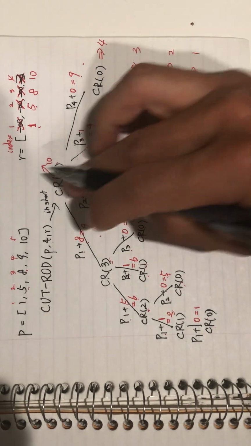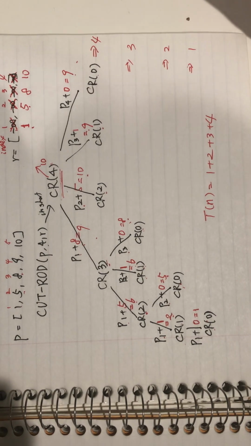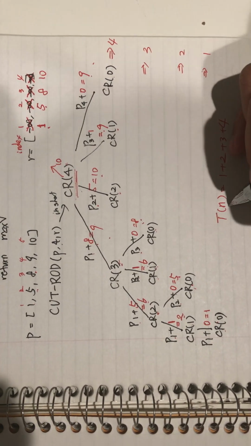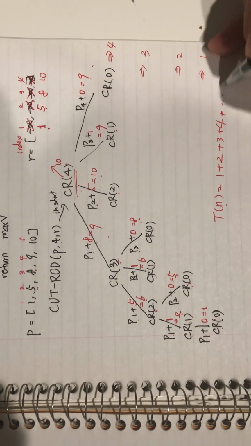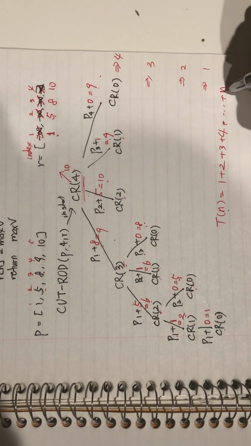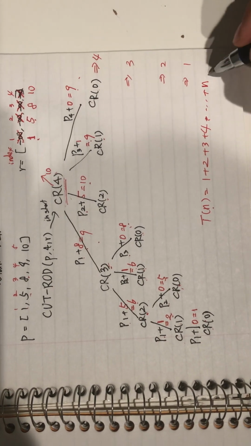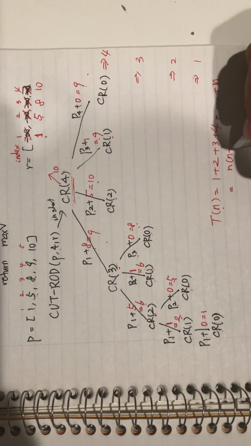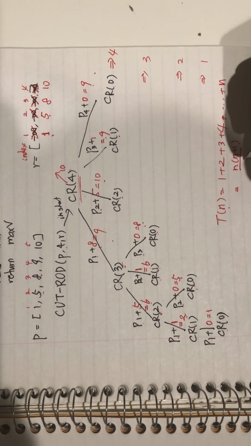But if we started from CL5, it would be plus 5. So n is a starting point, then it goes up to n. And we know this sequence, 1 plus 2 plus up to n, is the same as n times n plus 1 divided by 2.